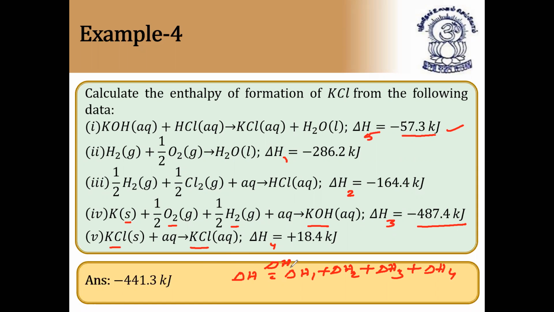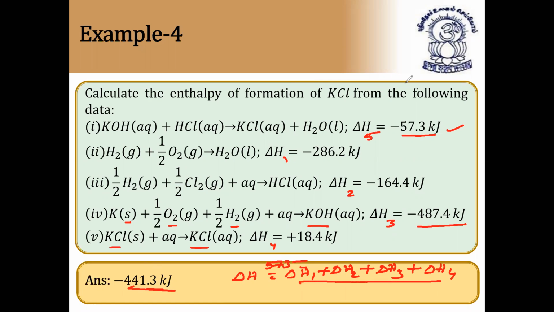So delta H5 minus, I'll write it again. So 57.3 kilojoules minus all. So if you do it by applying Hess law, definitely you'll get the answer. So please again try to do it by applying Hess law, you'll get the answer easily.